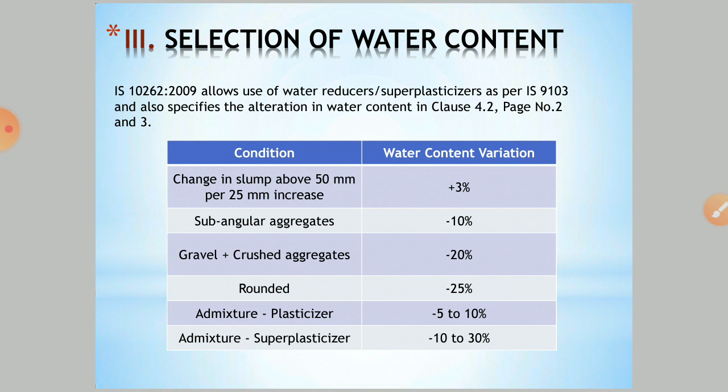Third point, if the aggregates are subangular, gravel plus crushed, or rounded, and how to vary water content for admixture, plasticizer and super plasticizer. These are the important points you should remember, and these are asked in competitive exams.